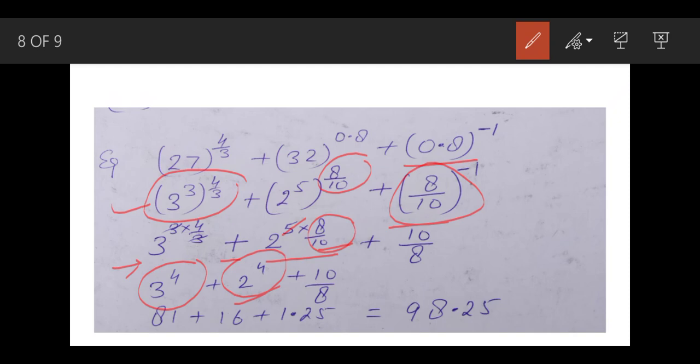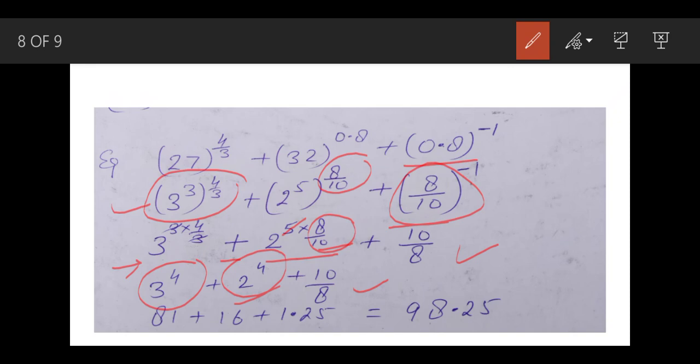Here it is 8 upon 10 to the power minus 1. As the power is negative, we will take the reciprocal. It will become 10 upon 8. So plus 10 upon 8.